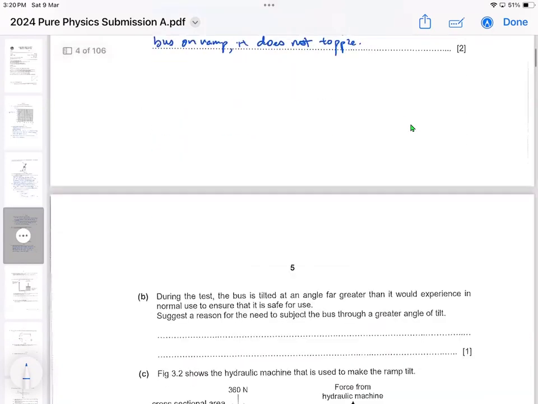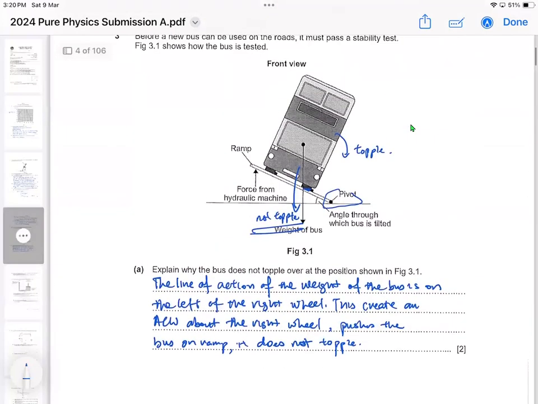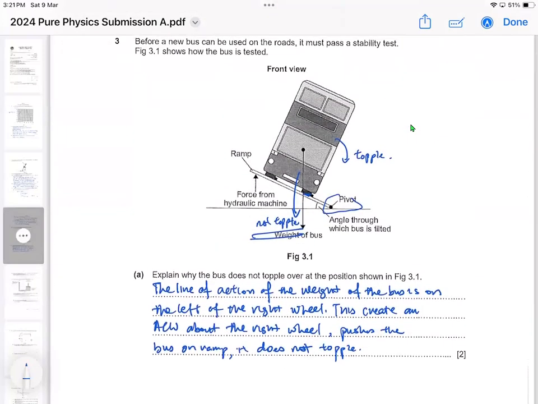Okay, let's move on to the next part. If we want to know the reason for a greater tilt of the angle, if you see that this angle is tilted higher, the CG of this spot here will actually change.